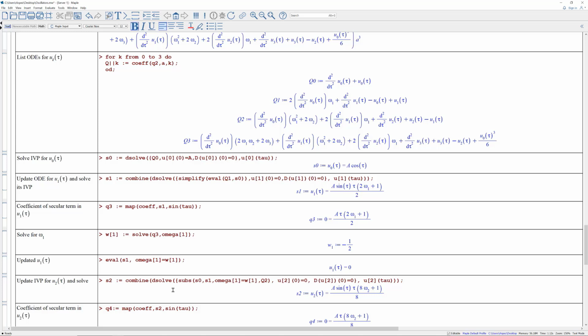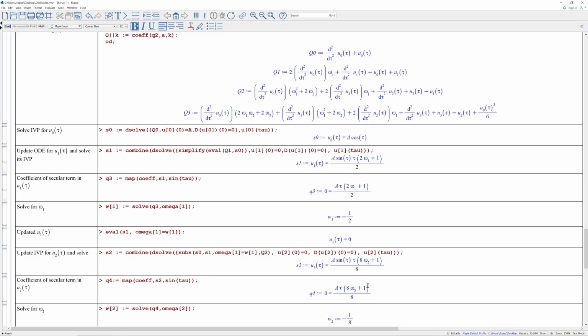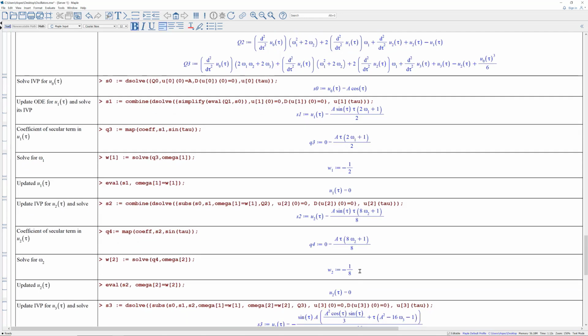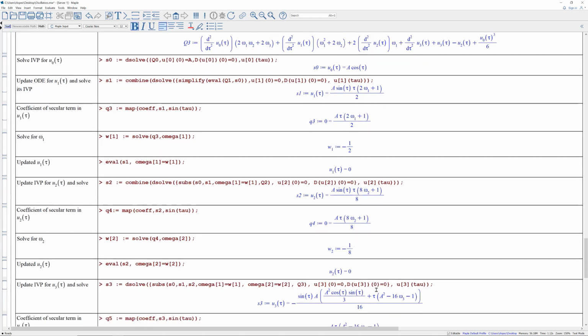Put that in, dsolve, you get this solution. It's again got a secular term, so you've got to set this coefficient equal to 0, so pick off that coefficient, and it becomes 0 if omega 2 is minus 1/8. And that will cause, when you plug it back in, U2 also to be 0. So U1 and U2 are both 0.